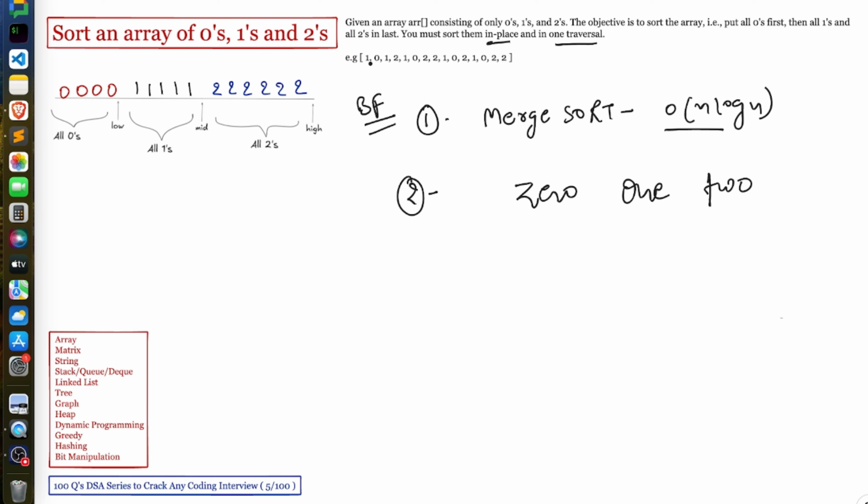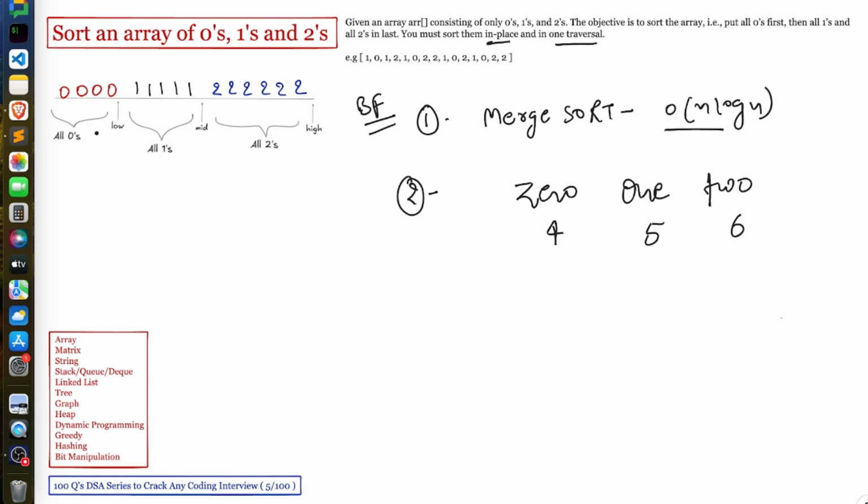So in this test case, 0 would be 1, 2, 3, and 4. So there are 4 zeros, and if you count the number of ones, it is 5, and if you count the number of twos, it is 6, right? So these three variables would store the frequency of zeros, ones, and twos respectively.